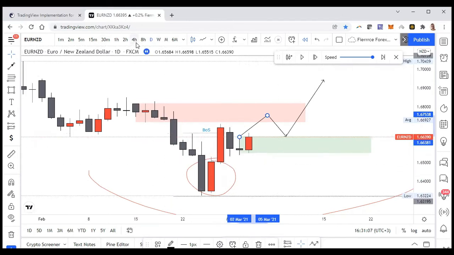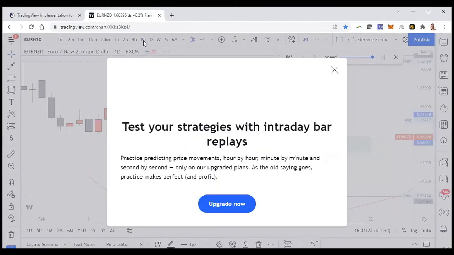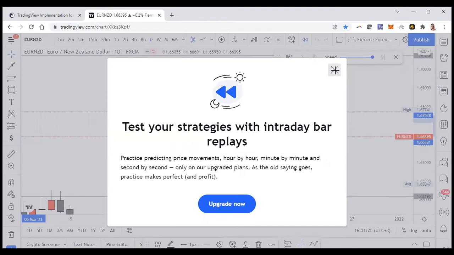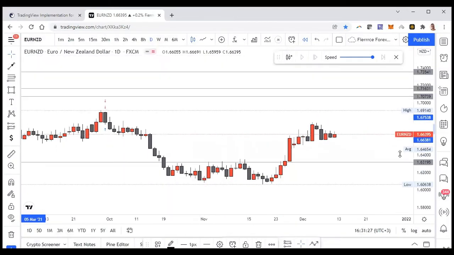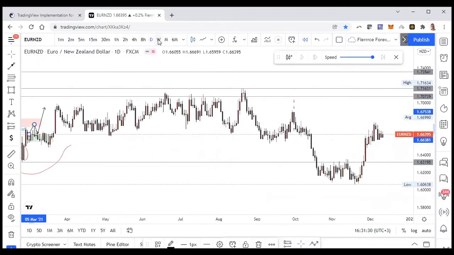Now, if I was to go on a lower time frame, I would find deeper supply zones to trade off of. This is on the daily, so it's a huge zone. You'd probably want to dial down to a lower time frame. I can't do that now.